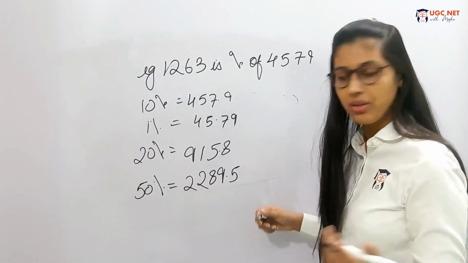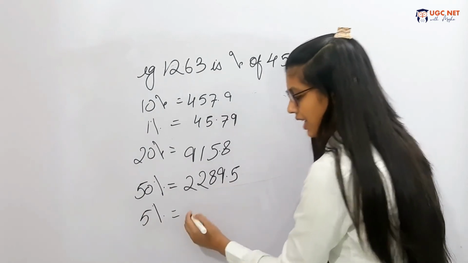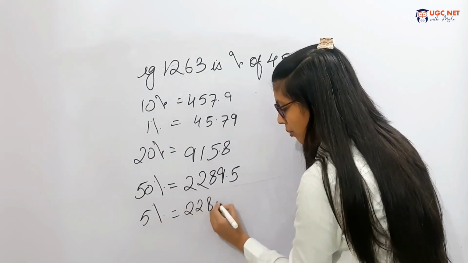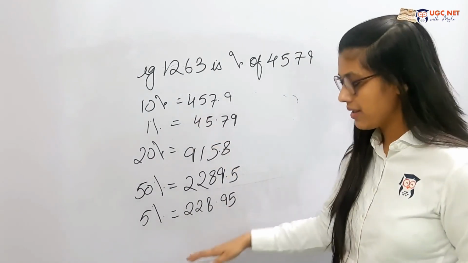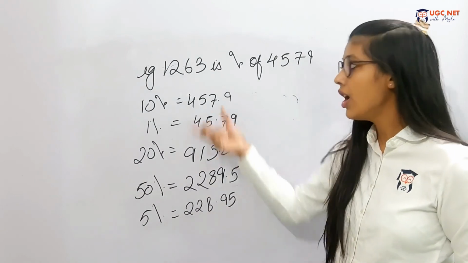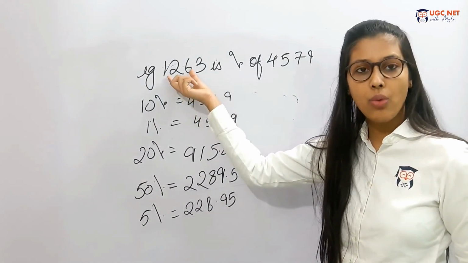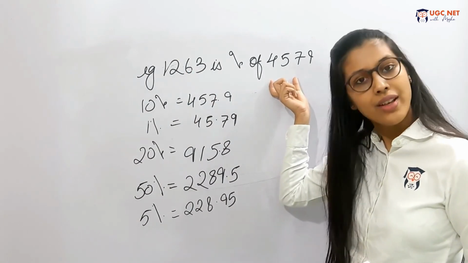Now if you are required to calculate 5%, you can simply shift the decimal after the tens place. So 228.95 is the 5%. So these are the basic and simpler calculations of percentages, and using this you can easily find out what percentage 1263 was of 4579.